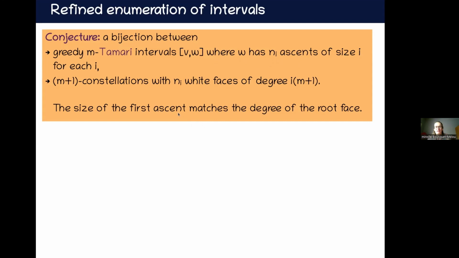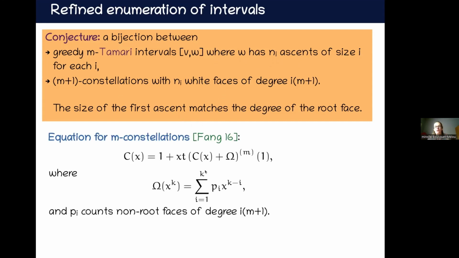And what's nice is that for the constellation problem, we already have a functional equation, which was obtained by Bousquet-Mélou and Schaeffer, in Wentier's thesis. X is counting the degree of the root face, and you have an operator that's applied m times, and you're recording all face degrees.